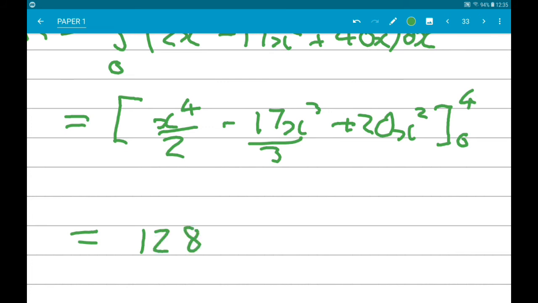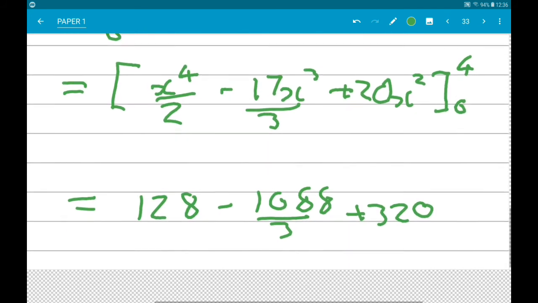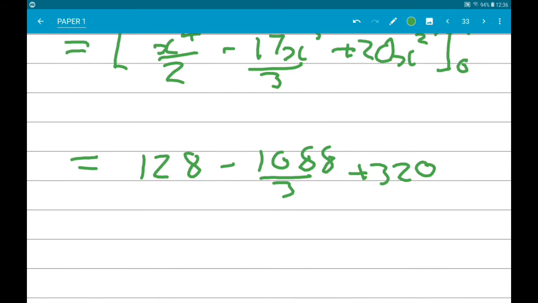Minus 17 times 64, 1088 over 3. Plus 20 times 16 is 320. Smash that into your calculator and you will indeed get 256 over 3.